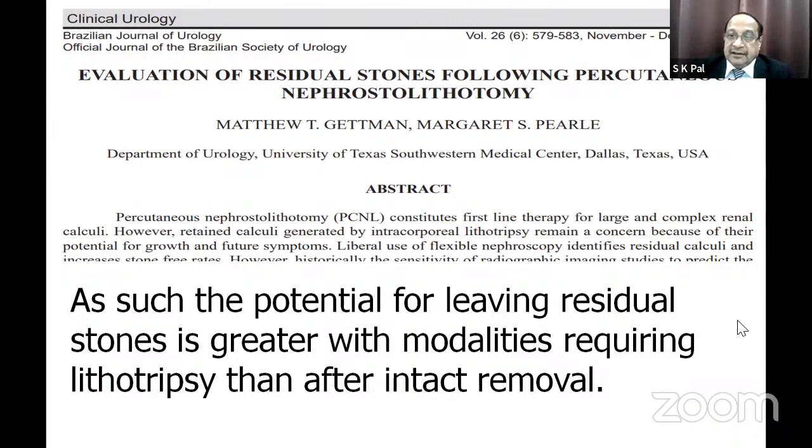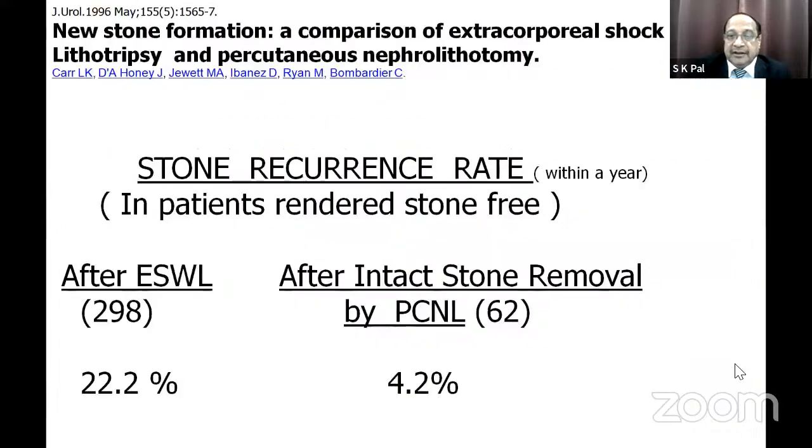When a single stone is taken out in toto, in comparison to when there is fragmentation of the same stone, either by ESWL or by any other means, the potential for leaving residual stones is greater when you fragment the stone. This study was really an eye-opener.